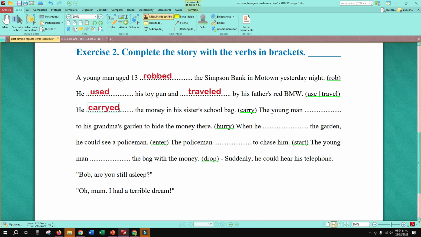No. So that is, you have here a consonant Y. You need to change it, right? Change the Y to I and add ED. Carried the money in his sister's school bag. The young man, you have hurry there.